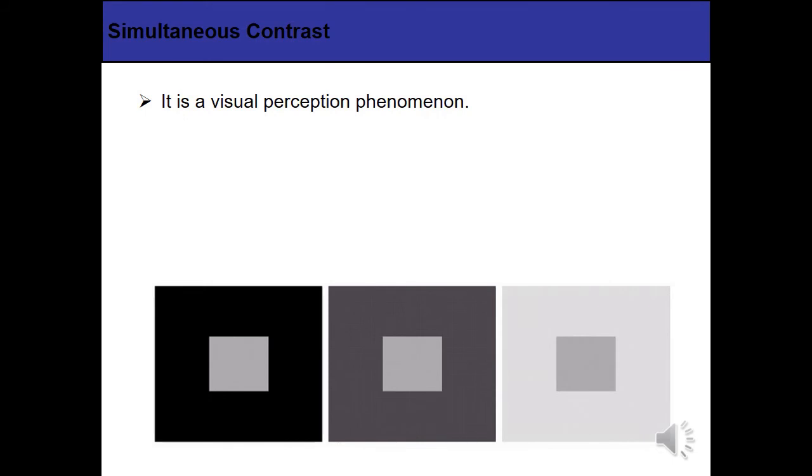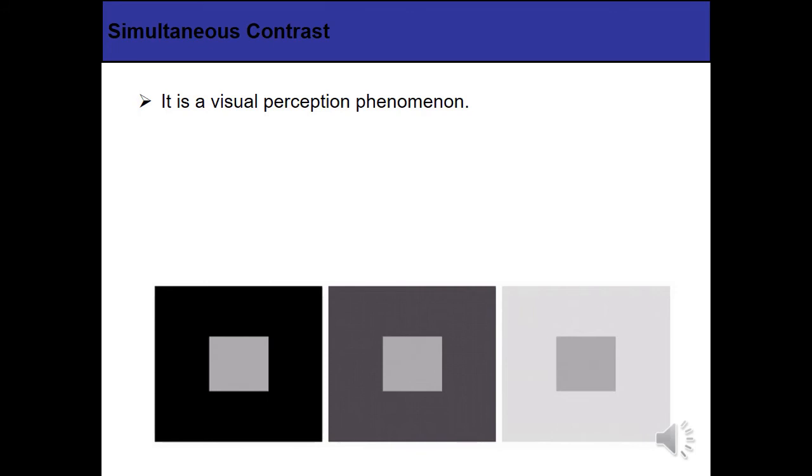The next term is simultaneous contrast. To understand this term, let us take an example of a white object. Take a white object and perceive it on a black background, and similarly take a white object and perceive it on a brown background.